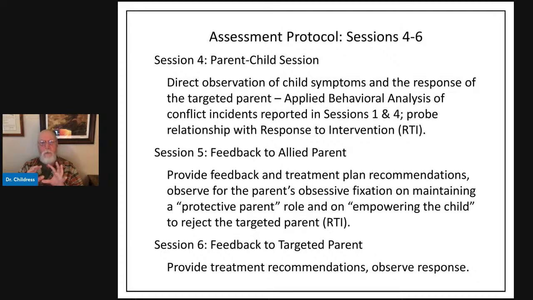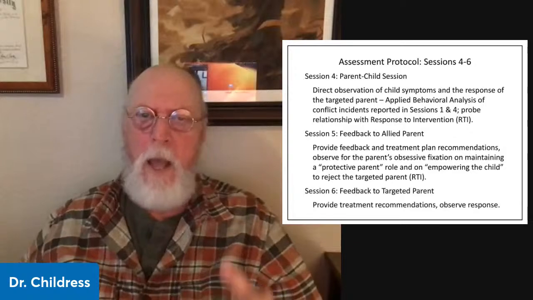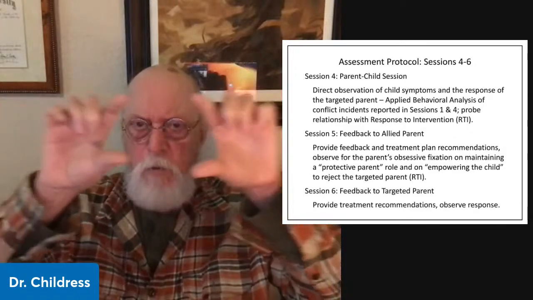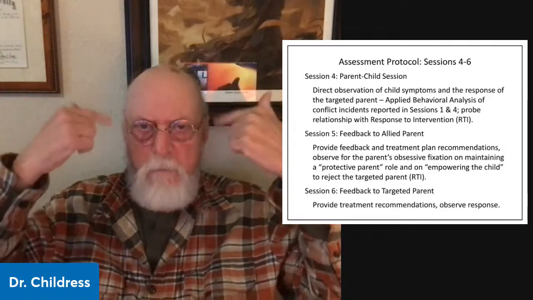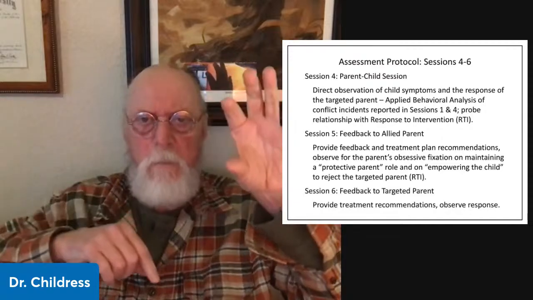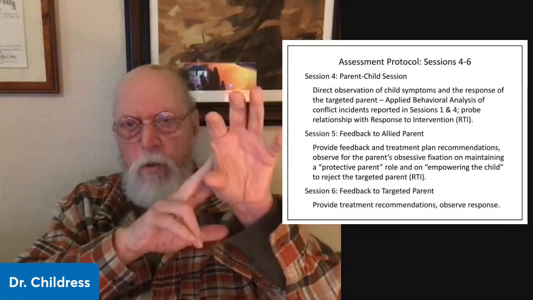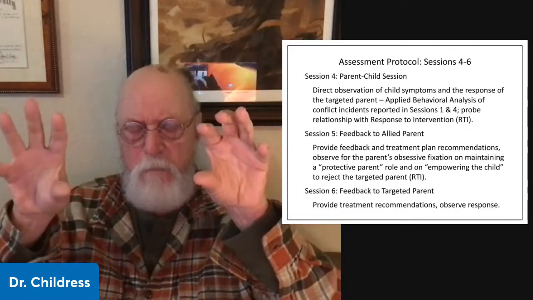One is they will become obsessively fixated on maintaining the protective parent role and on empowering the child to reject the targeted parent. And so that's a response to intervention I can look at. And that's because the trauma reenactment narrative of their delusional beliefs is in the pattern of abusive parent, victimized child, protective parent.